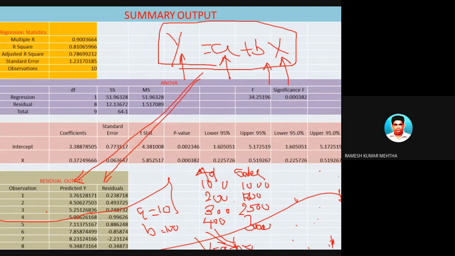Then I plug these values in and find the value of y. So I will get some values of y when I use this equation. I will get something like 1110, 1789, then y predicted as 2400, and y predicted for this case is some 2800.